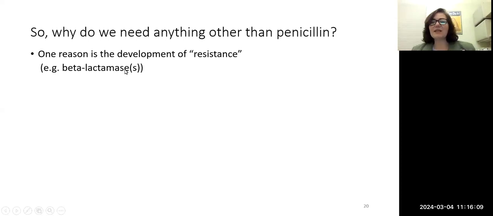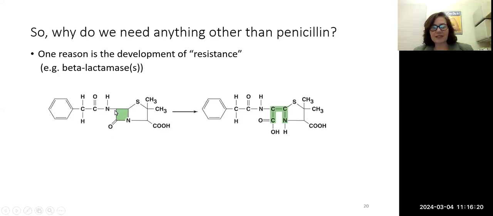It's an enzyme that actually snips that little green square chemically and makes it non-functional. So where you have that beautiful beta-lactam ring, the bacteria comes back with, oh yeah, watch this, and just snips this thing. So this is no longer going to get in the way of the enzyme that we were trying to get in the way of. So that's one example of bacterial resistance to antibiotics, and we will talk about it later in this chapter.